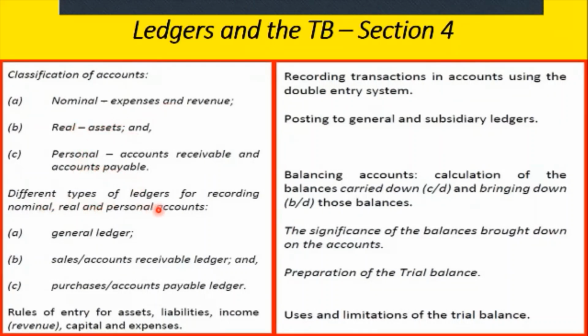Then you have the different types of ledgers for recording the nominal, real, and personal accounts: general ledger, sales accounts, and purchases accounts. Sales go in the accounts receivable, purchases go in the accounts payable. Rules of entry for assets, liabilities, and income, capital and expenses. You must know when to debit and when to credit.